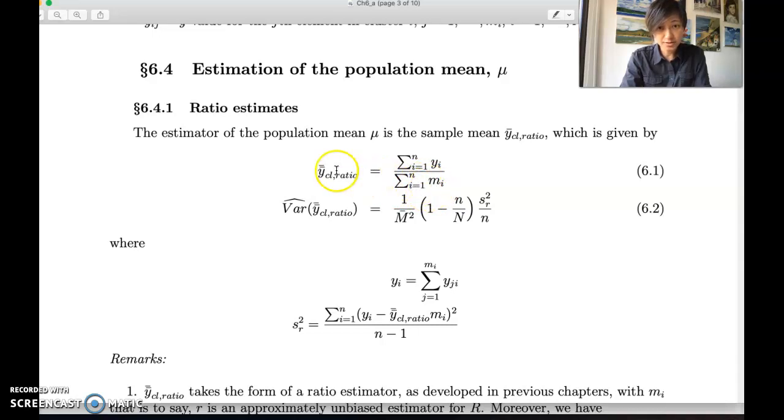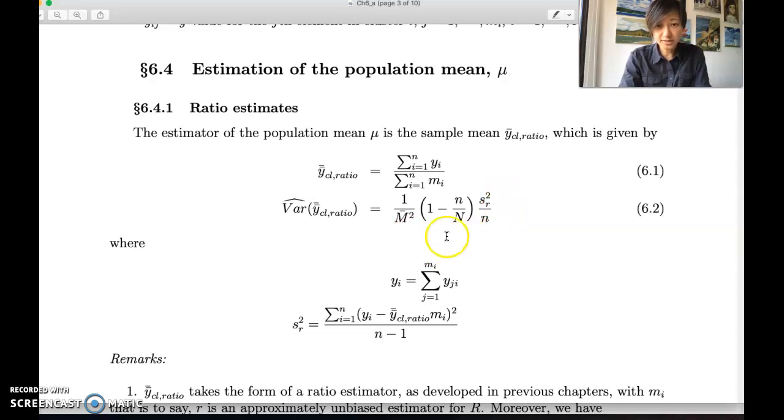In other words, the mean would be estimated by the summation of yi divided by the summation of mi, and the estimated variance is equal to 1 over capital M bar squared multiplied by the finite population correction factor times s_r squared over n.